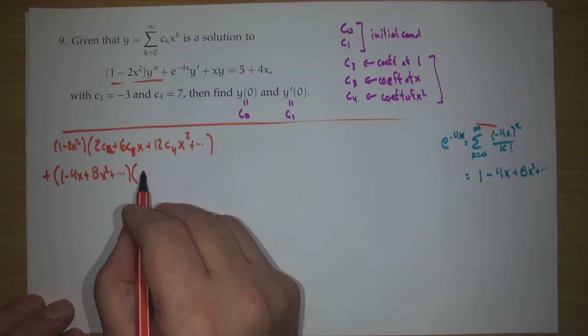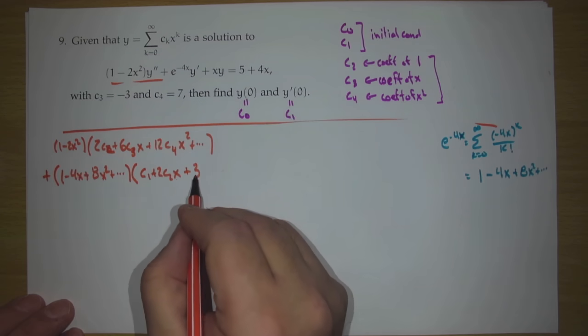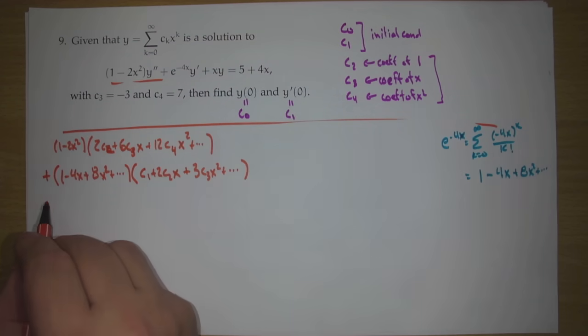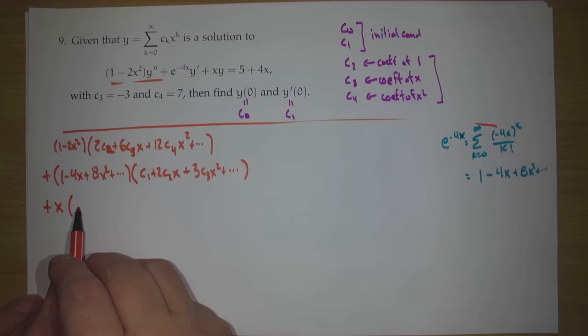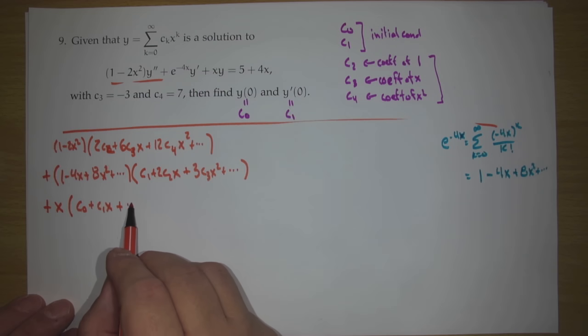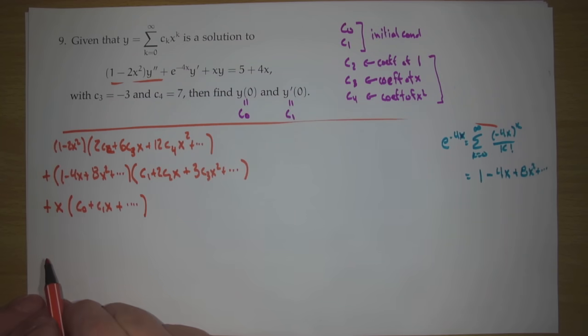Y prime is c1 plus 2c2x plus 3c3x squared plus and so on. Plus x times y. Well, y is c0 plus c1x, and we can stop there. Because since we're multiplying the x through, we're already up to x squared.